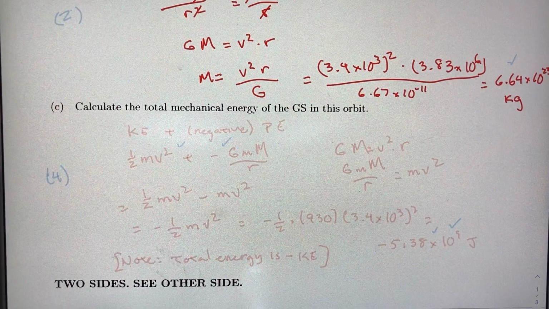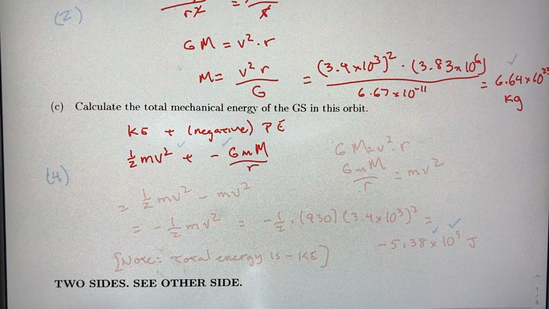Mechanical energy, kinetic energy plus the negative potential energy. So don't forget, negative GMm over R is one of the formulas on the magic sheet.